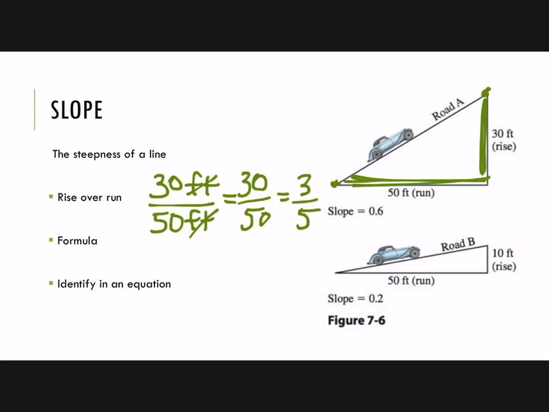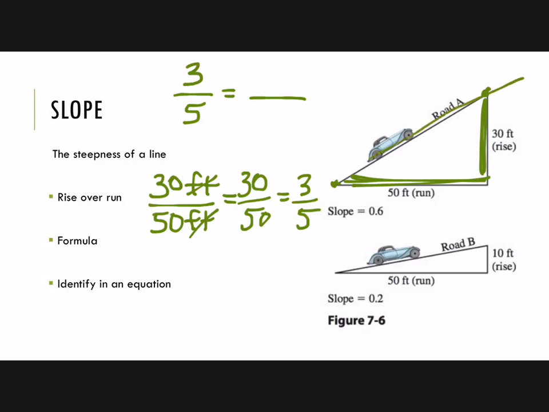Now what this does is it gives you a proportion, or a ratio that can be a piece of a proportion. This means that for every 3 feet that the car travels up, it has to go 5 feet sideways in order to gain those 3 feet vertically. Now I can use this to find lots of different changes. That's one of the nice things about slope.